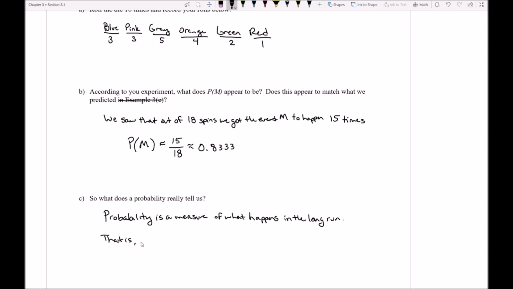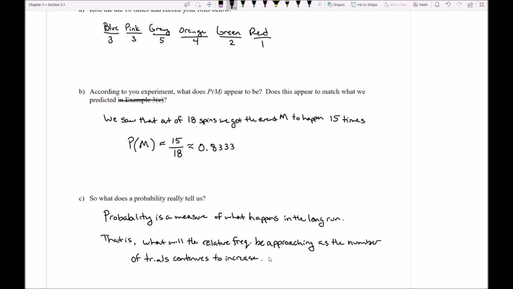That is, what will the relative frequency, which is kind of what we were computing here, the percentage of the time that something happened, or what we called the relative frequency, what the relative frequency will be approaching as the number of trials continues to increase.